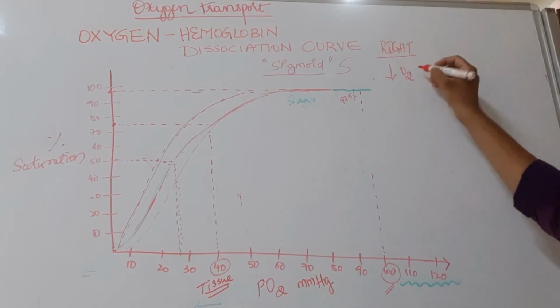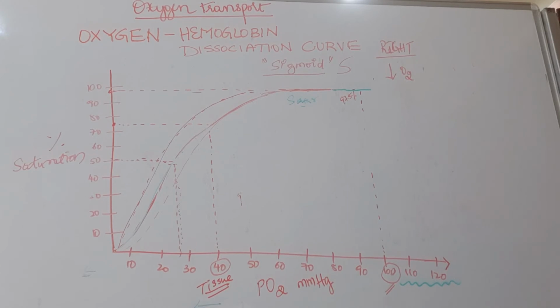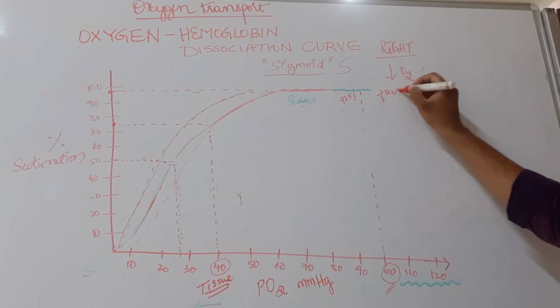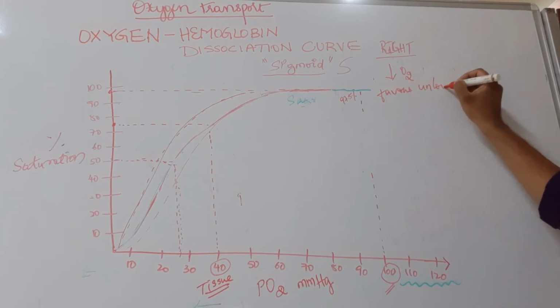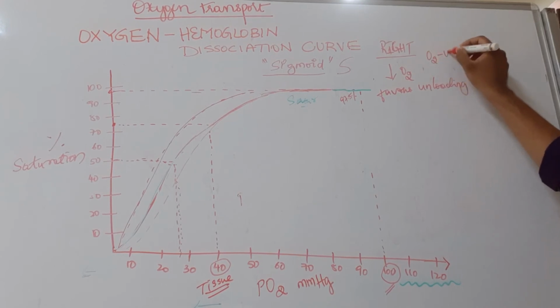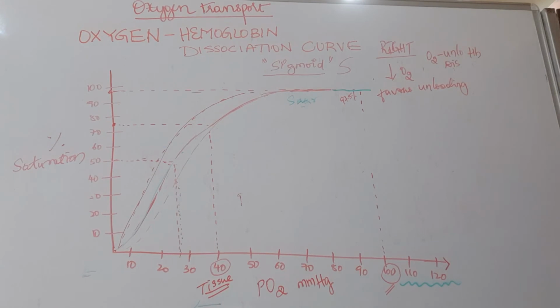Therefore, it favors unloading. So, the oxygen unloads or dissociates from the hemoglobin molecule.